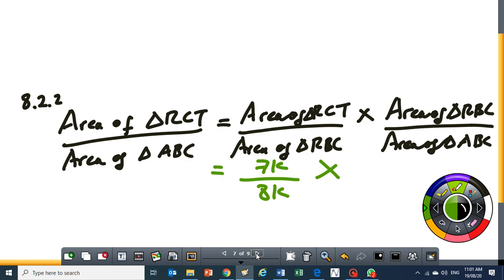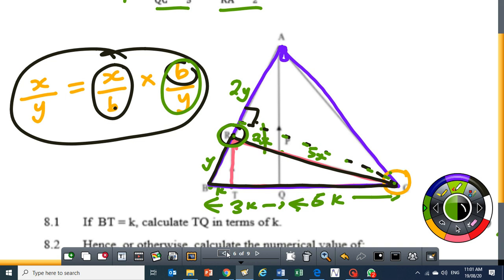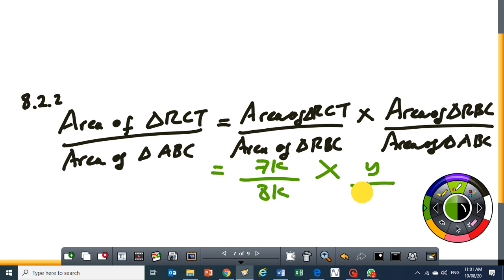Then the base of the area of ABC is going to be AB. And that AB is equal to Y plus 2Y, which is 3Y. So the constants cancel out, and you end up having 7 over 24.